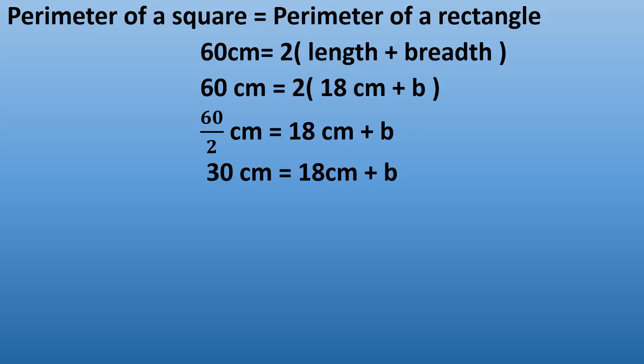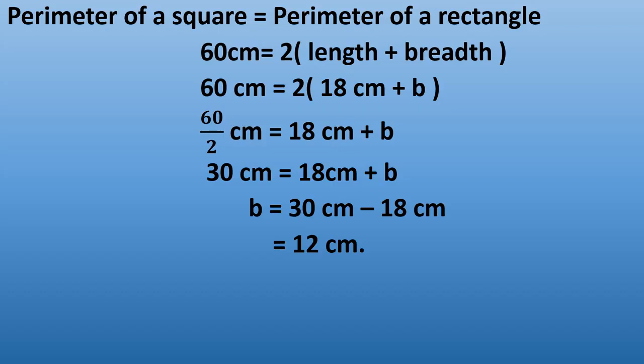What is left in the bracket? 18 centimeter plus B, where B is breadth. Clear? 60 divided by 2 is 30 centimeter. 30 centimeter is equal to 18 centimeter plus breadth. Now how do we find the breadth? It is 30 centimeter minus 18 centimeter, which is equal to 12 centimeter. I think you know this, that when we change the position of any number, from one side of the equal sign to the other side, its sign will change.